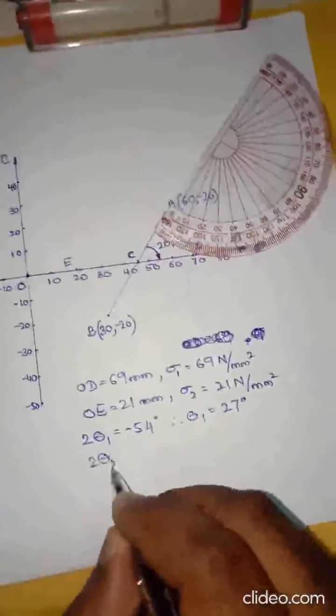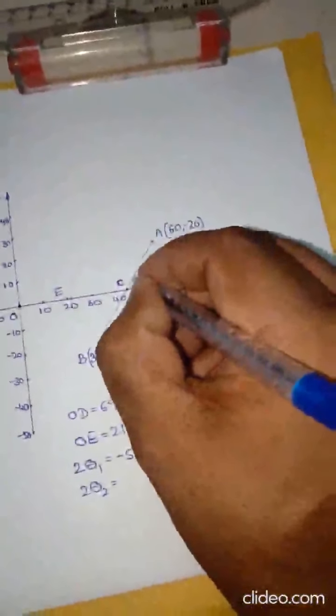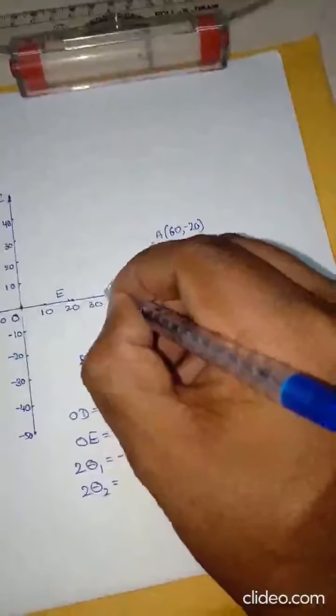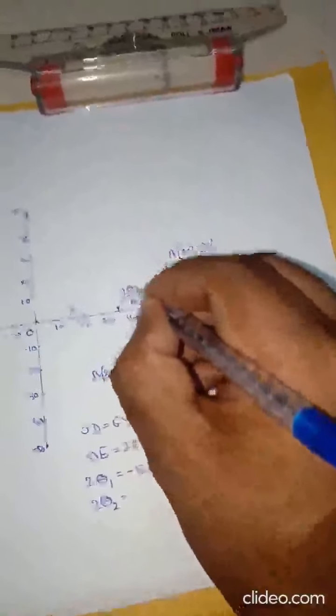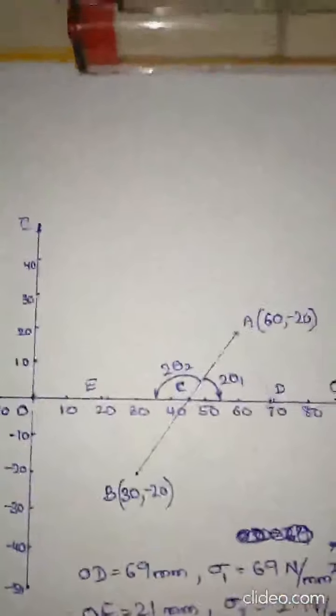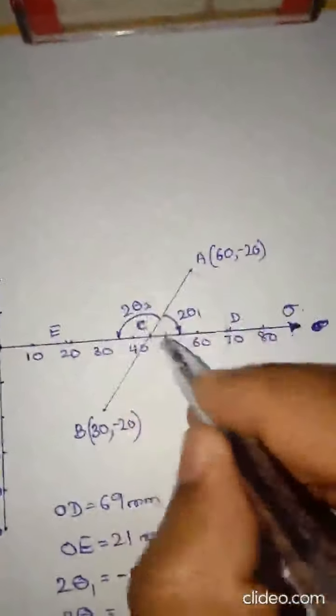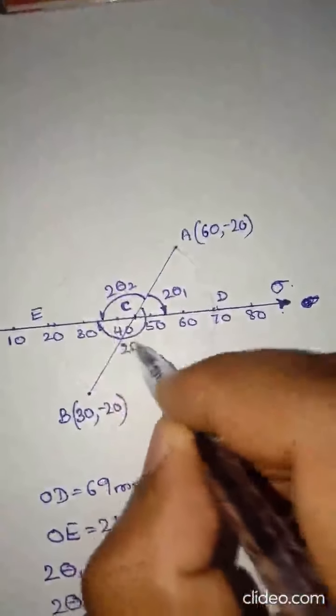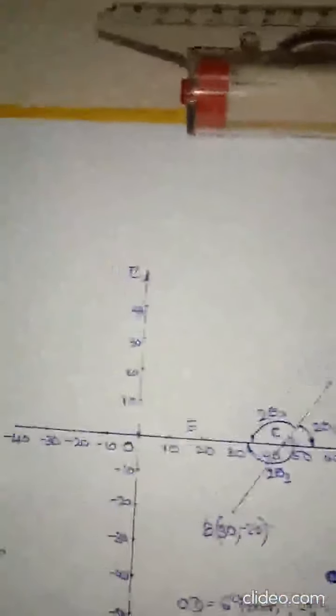Next, 2 theta 2 lies here. You can measure this angle counterclockwise also, so 2 theta 2 will be a positive angle. Or else you can measure from this angle, which is also 2 theta 2, but it is a negative angle.